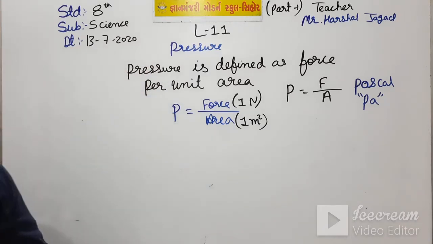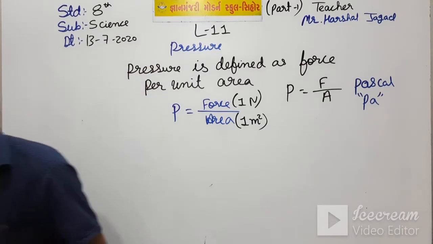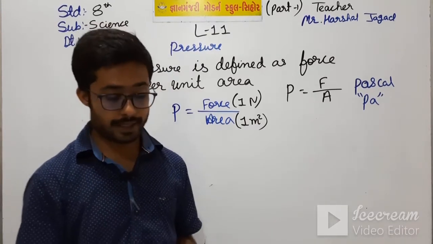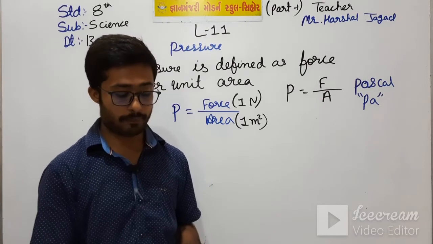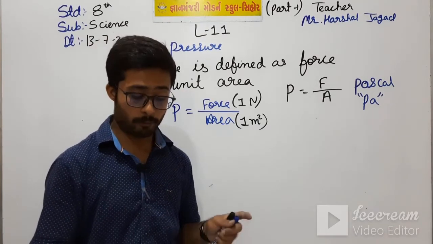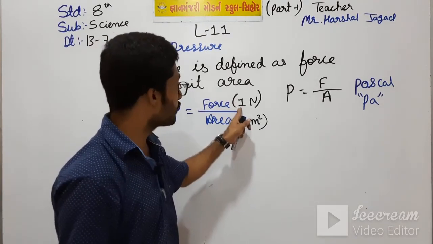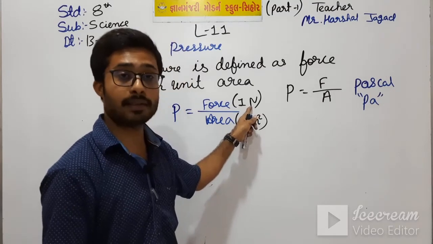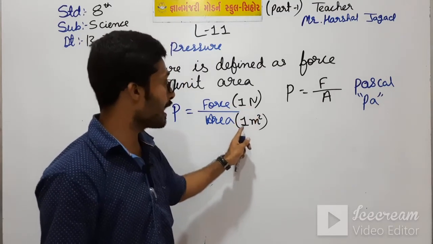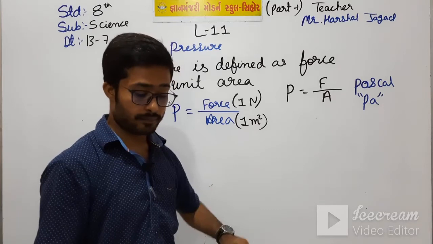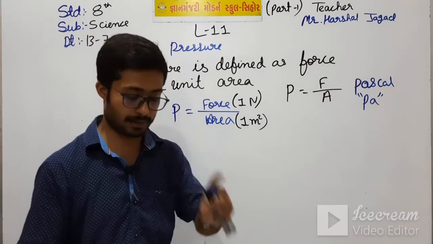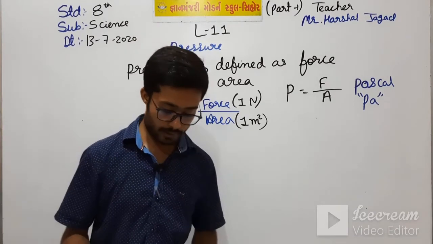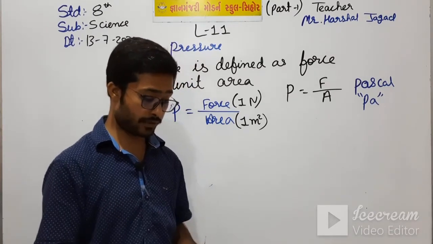In your textbook, 1 Pascal is defined as the pressure produced when a force of 1 Newton is applied in an area of 1 meter square. Putting this in an equation, this produces 1 Pascal pressure.